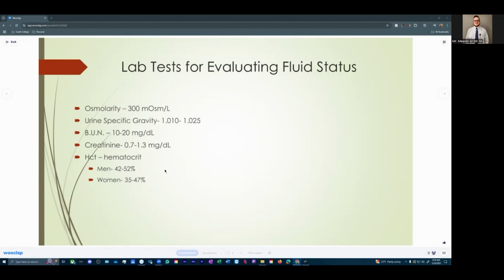A normal BUN is 10 to 20 milligrams per deciliter. So if I have a BUN that's high, that would tell me that my kidney status is not working well, possibly dehydration, things like that. Same thing with creatinine, which is a chemical that gets broken down from muscle metabolism, so muscles doing their thing.